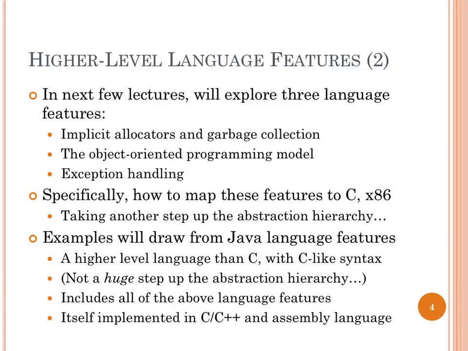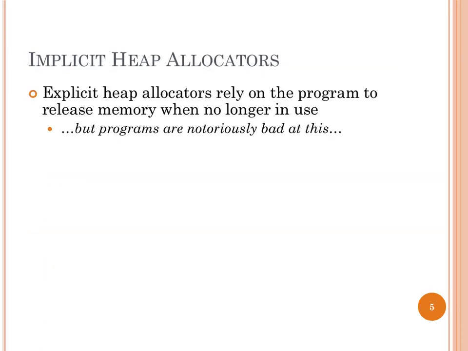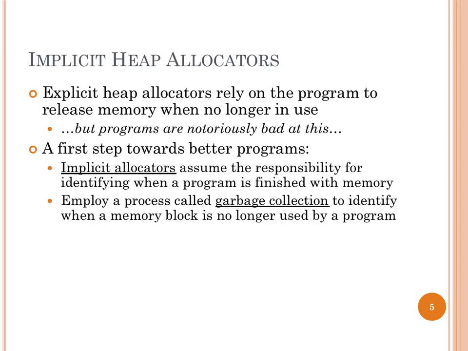Now today it's definitely going to be Java because Java has garbage collection. C++ does not. And we're talking about implicit allocators. Okay? Now, programs are bad at remembering to release memory when they're done with it. We're being very generous to the programmers who write these programs, right? Because the program is only doing what the programmer said to do.